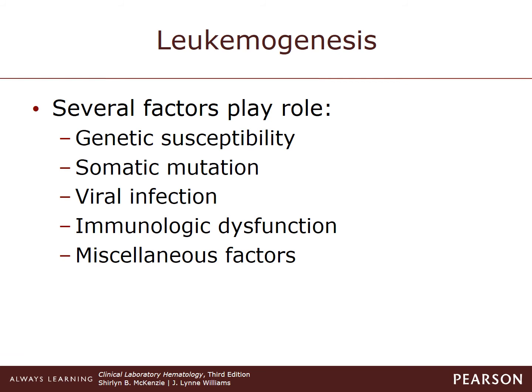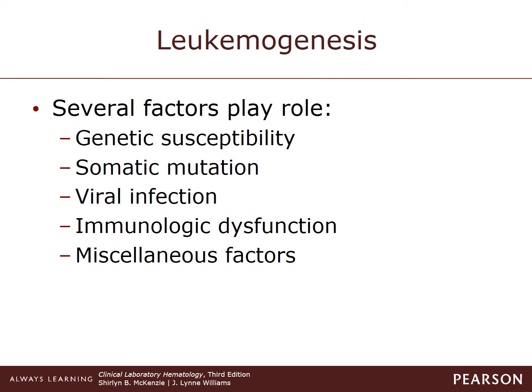As for viral infections, many retroviruses have been known to cause leukemia, because they contain a reverse transcriptase that allows them to produce a DNA copy of the viral RNA core, and it can be copied to produce more viral core DNA copies and mutate the cell.